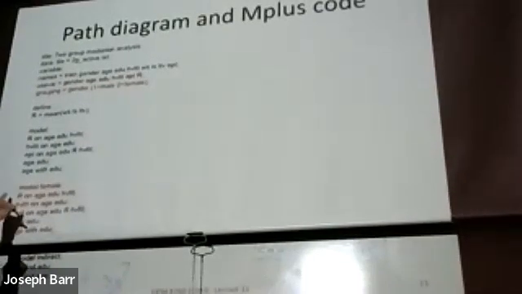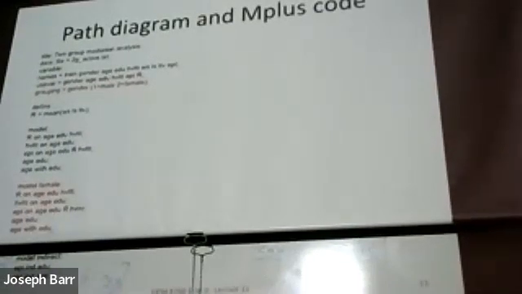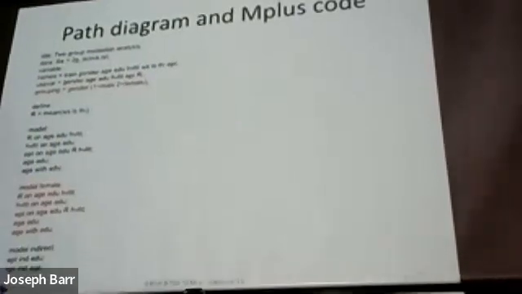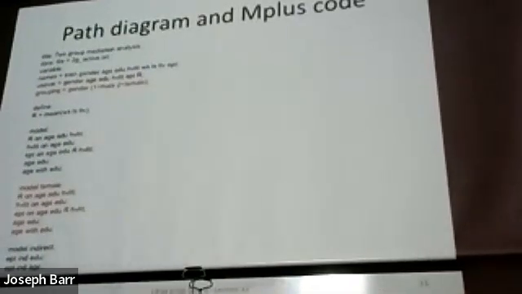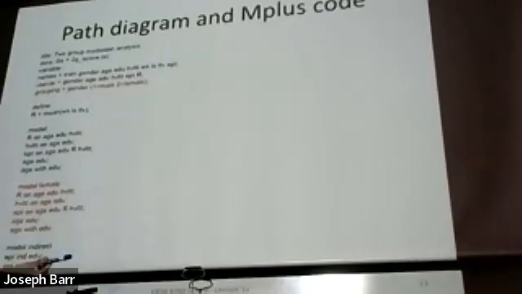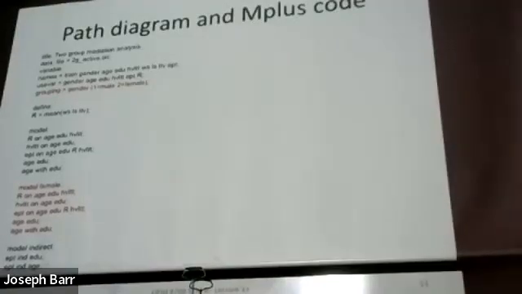Model female. We just repeat this part of code. This is the original model code. And then we said model female and repeat something here. So what does that mean? I'm going to do multiple group analysis. From female and male, we have 2 groups.